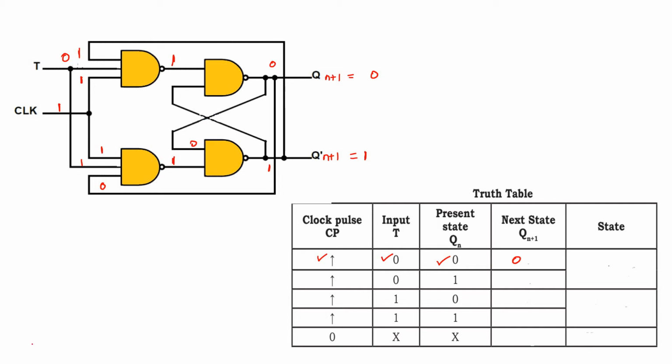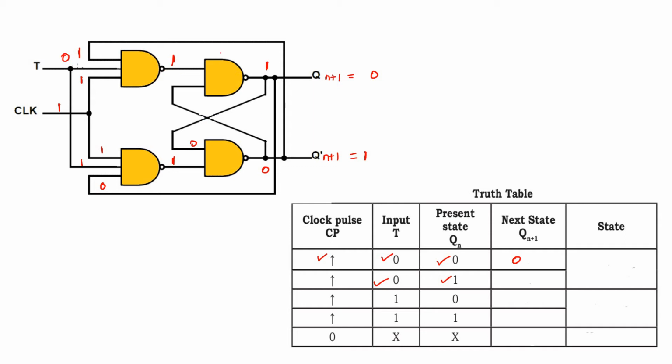And next I am going to consider the next condition, case number 2. In the case number 2, this is changed. So for the case number 2, T is equal to 0, present state is equal to 1. Here present state is 1 now. And what is 1 bar? 1 bar equal to 0.